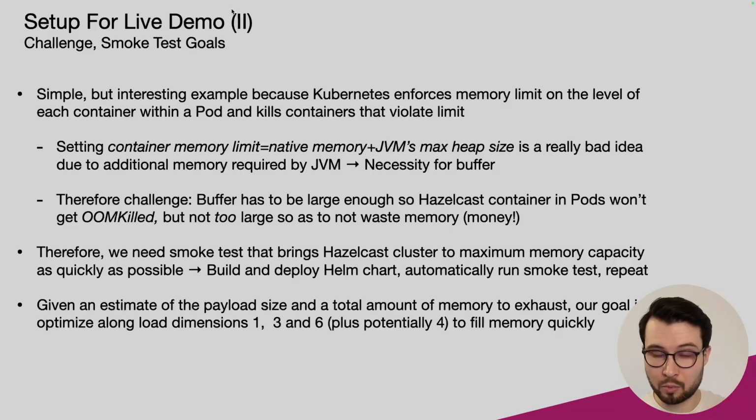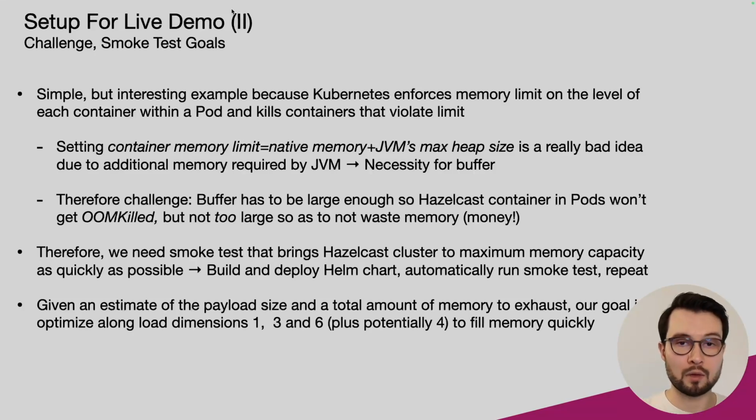That is, the number of items, the number of data structures, and the operations per second. These load dimensions define what a single Hazeltest instance can do in terms of filling up memory as quickly as possible without deviating from that payload size estimation, which would be load dimension 2.